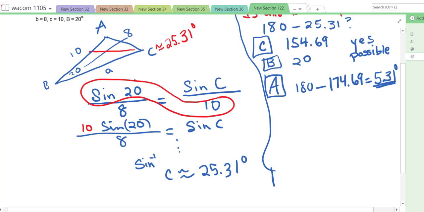Let's find the rest for this triangle. All right, so for our original triangle, let's find this A. So this is our original.